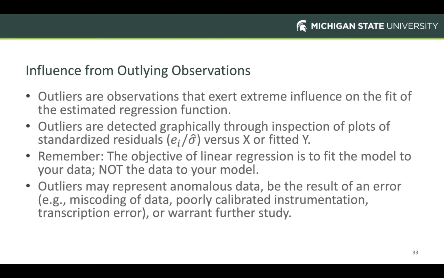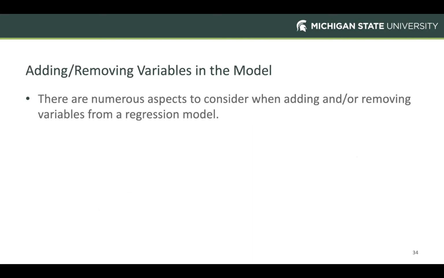They could be the result of data collection errors, or they could suggest an area where we need to investigate our data further. Maybe there's some important variable that explains why that particular observation looks to be an outlier, and when we account for that other factor, maybe it brings our results more in line. So we should really tread carefully when we're trying to assess these potential outliers, okay?